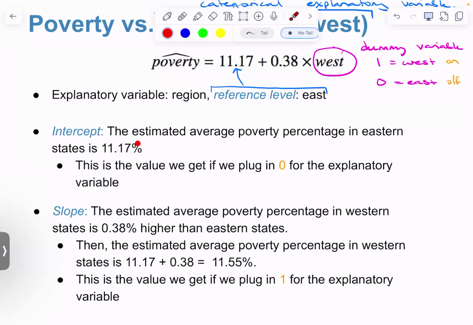So the intercept is the estimated or predicted average poverty percentage in eastern states, which we found is 11.17%. And that's when we plug in a 0 for the explanatory variable.